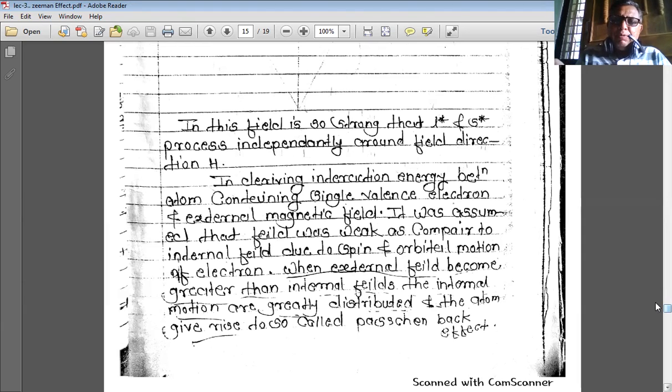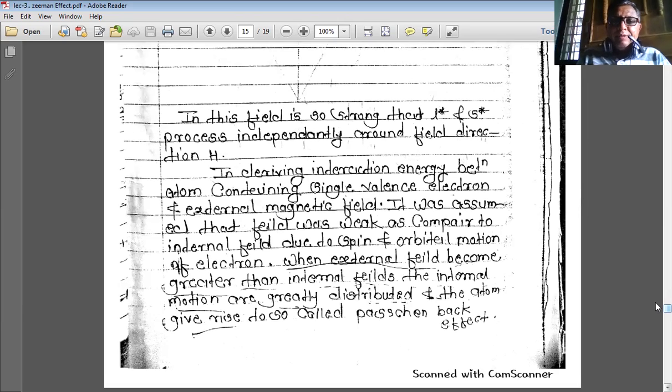Okay, see, I am telling again here: when the external field becomes greater than the internal field, the internal motions are greatly disturbed and the atom gives rise to the so-called Paschen-Back effect.